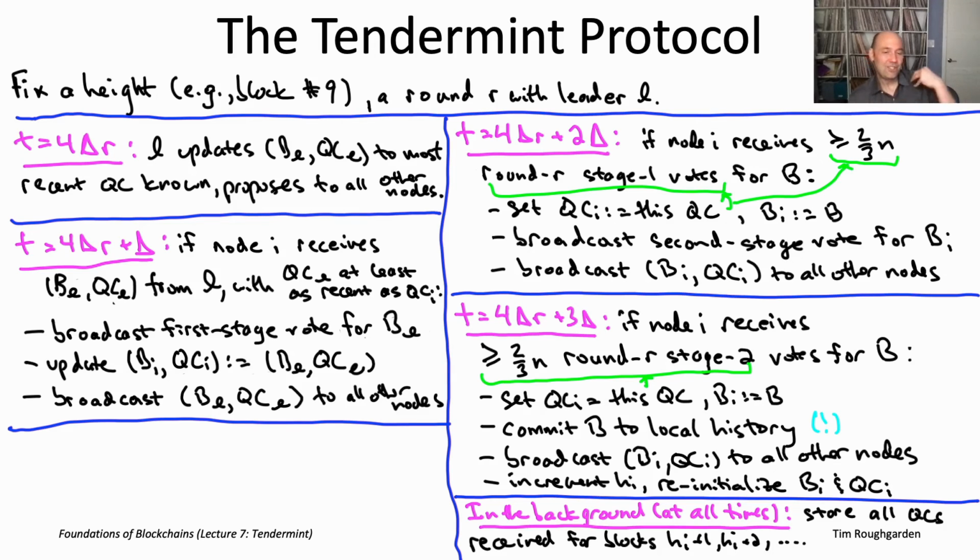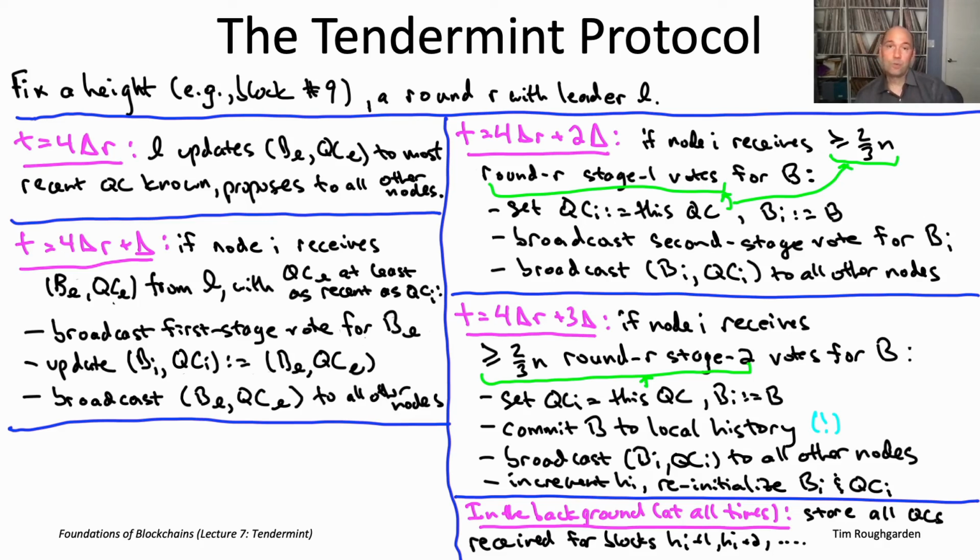So at the very least, you're educated entering into round number 118. You didn't personally assemble maybe any quorum certificates, but you did at least remember other ones that other people might have come up with. And so that way, you can update your locally stored variables, in particular your QC. You can update it from null to the most recent QC you heard about from anyone else for block number 10.